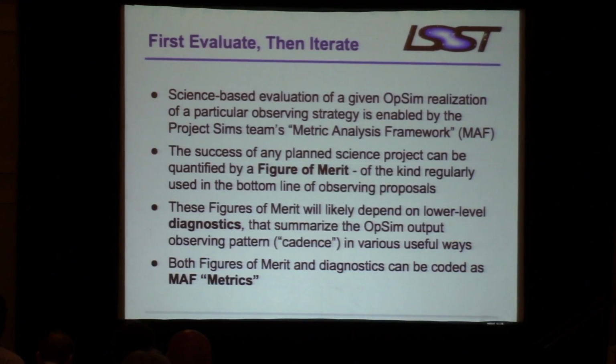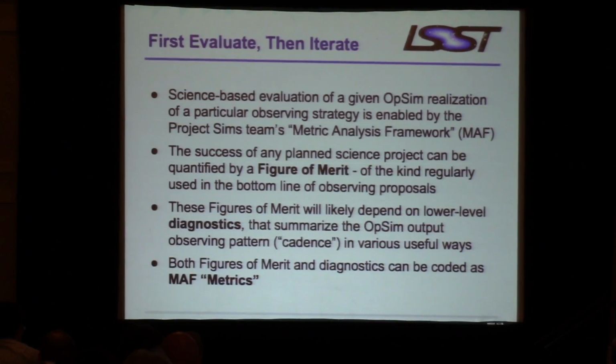Okay, what does that mean to optimize the observing strategy? Well, first we have to evaluate the current baseline strategy, this baseline cadence. And the way we've been empowered to do that is through the project SIMS team's so-called metric analysis framework, which is a way to allow scientists to interact with the outputs of the operation simulator and do the kind of tests that we need to do.